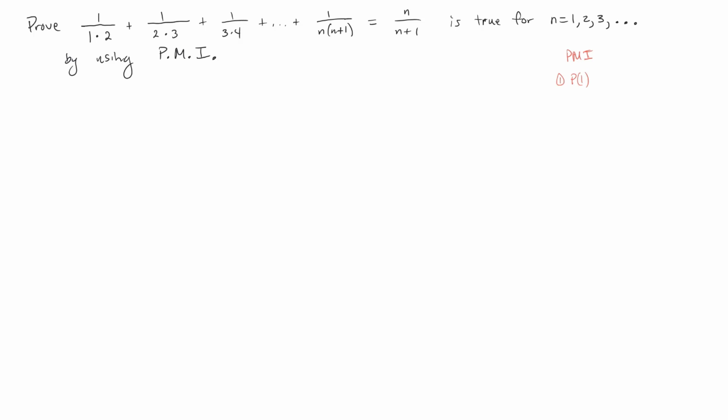The proposition is true for the very initial step, or the base step. And in this case, our base step does start with 1. It doesn't always have to start with 1, but you can tell that it was given to you in this example here, and we are starting with the base step, which is n equals 1.